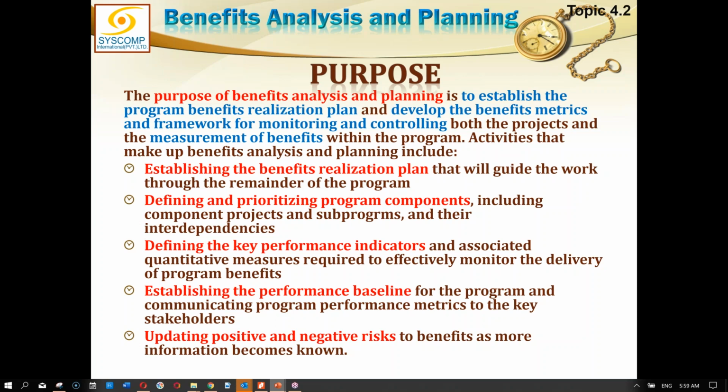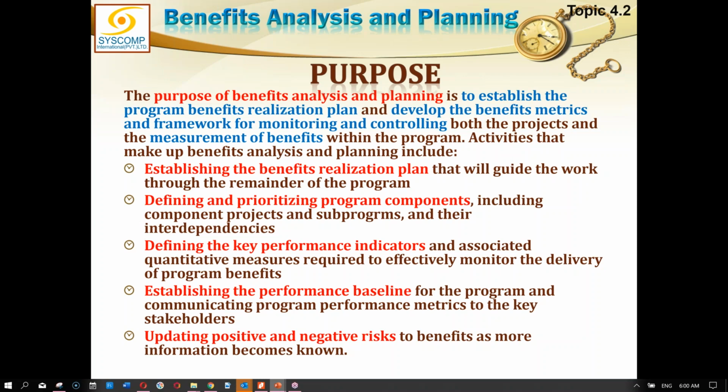Right. So defining and prioritizing the program components, then we have the key performance indicators. We have to define those key performance indicators and associated quantitative measures. If there is a procedure to measure a KPI, that procedure, that method has to be explained. So quantitative measures required to effectively monitor the delivery of program benefits. Then establishing the performance baseline for the program and communicating program performance metrics to the key stakeholders.